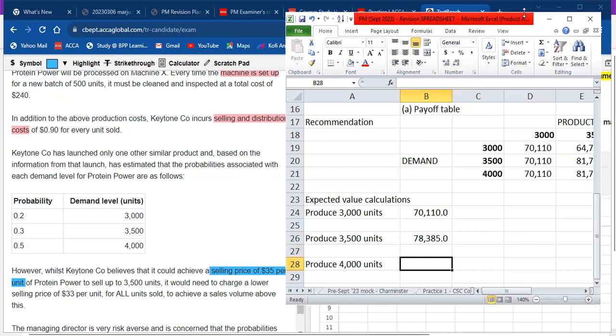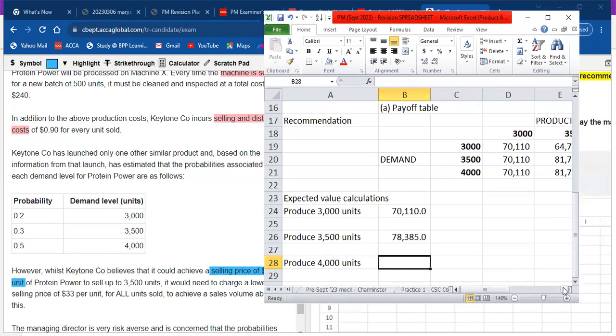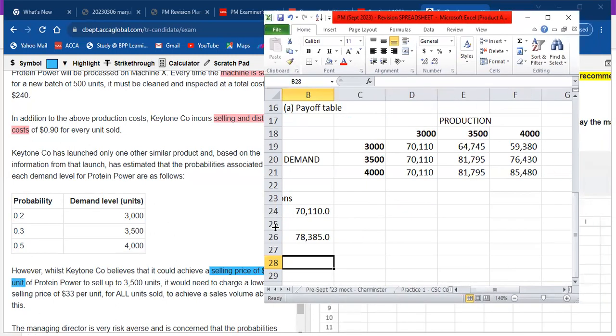If you produce 4,000 units, 0.2 times this plus 0.3 times that plus 0.5 times that.